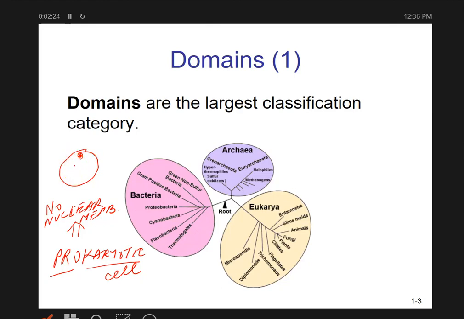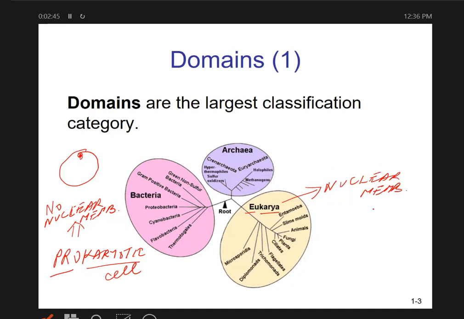Okay. Eukarya comes from the word eu. Eu means true. Karyon means nucleus. There's nothing called true and false nucleus, like I said. Basically, eukaryotes means a true nucleus, but that's not quite correct. What it means is that they have a nuclear membrane.